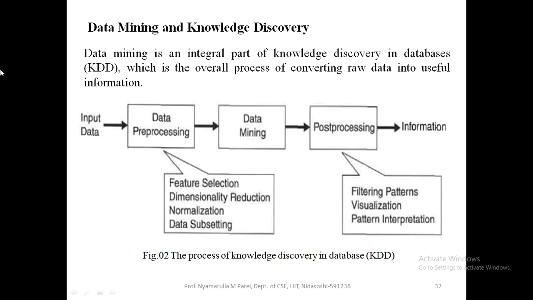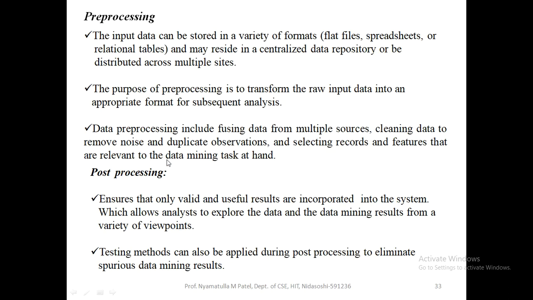That is what we do by applying feature selection, dimensionality reduction, normalization, and data subsetting. Data pre-processing includes fusing data from multiple sources. When you are getting data from multiple sources, fuse them, consolidate them, and summarize them so that you get appropriate data.